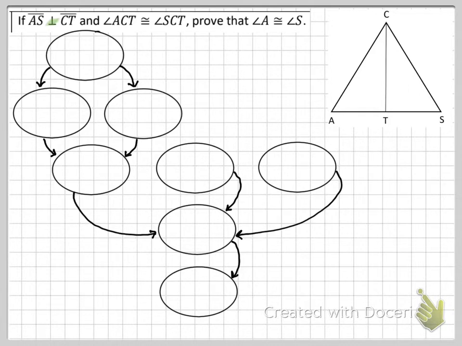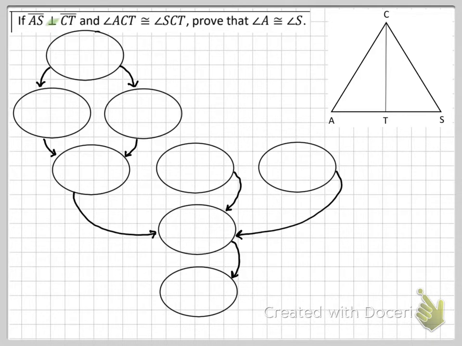Perpendicular means that those two lines or line segments intersect, and where they intersect creates two 90-degree angles. If those lines were to continue, then all four of the angles created where those lines intersect would each be 90 degrees. So we have a perpendicular symbol, but it is not a congruence symbol.